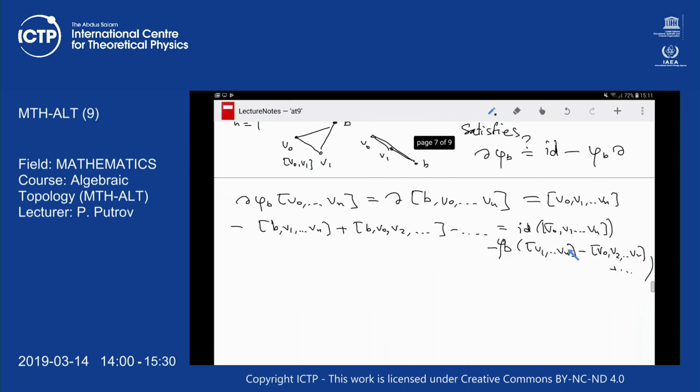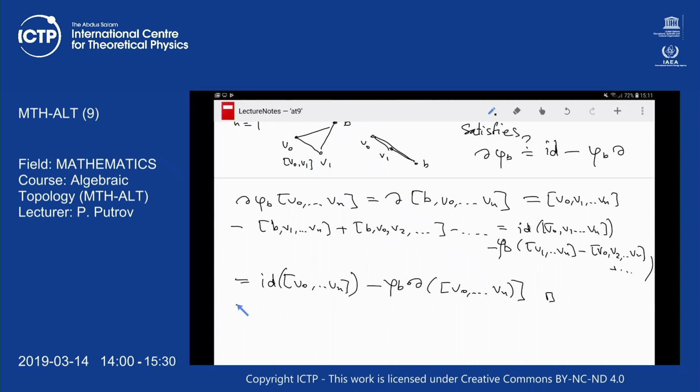And of course here we have the definition of d acting on this guy. So we have the identity acting on this guy minus phi B composed with d acting on the same guy. So this shows that we indeed have this property.